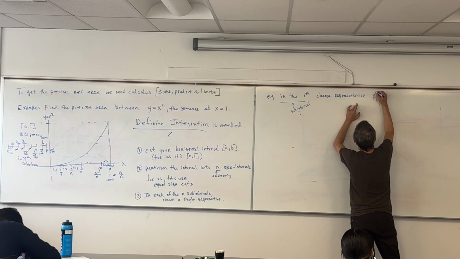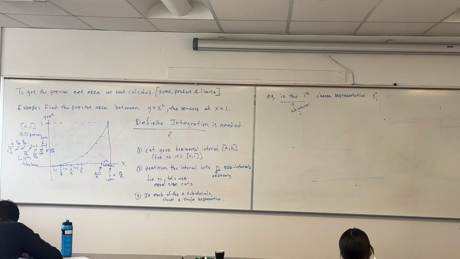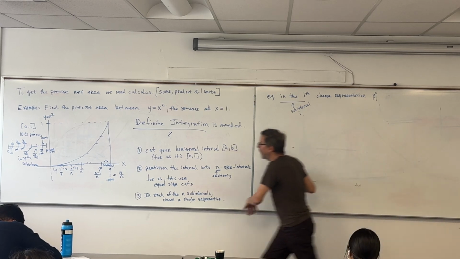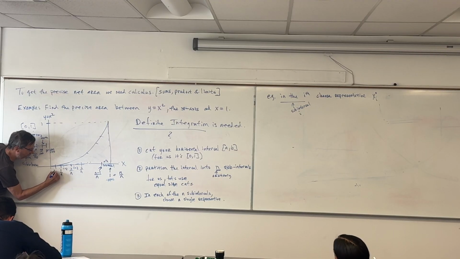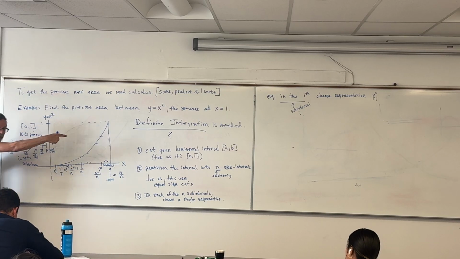I'm going to put a little star, an asterisk, just for notation, so I know this represents the whole subinterval. If I picked one here, this would be x1 star, and if I picked a different one in here, this would be x2 star, and so on.